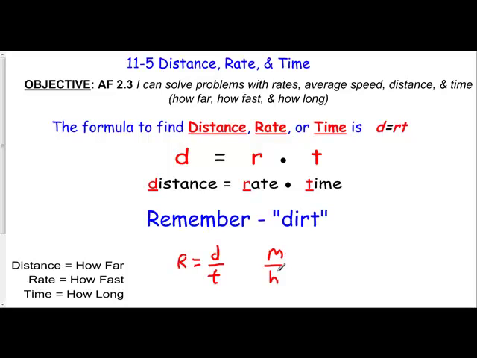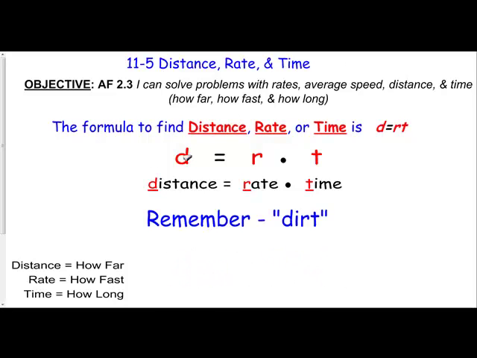How fast can you go in an hour or minute or second? It's a comparison of distance over time. This is a rate, so remember that. Distance is how far, rate is how fast, and time is how long.